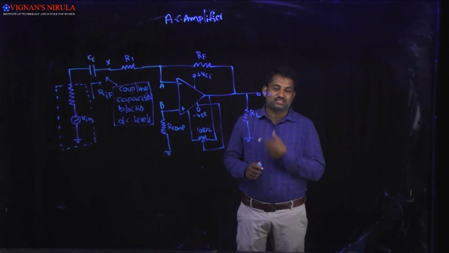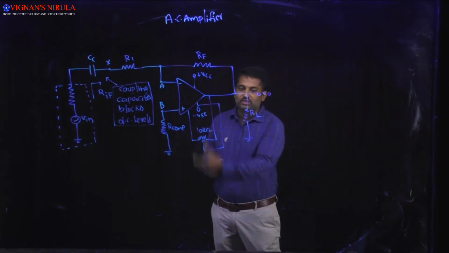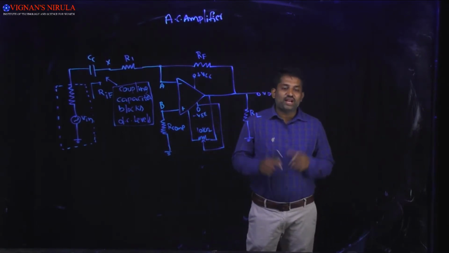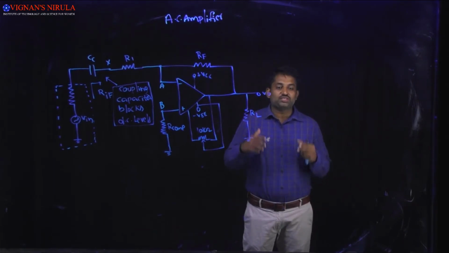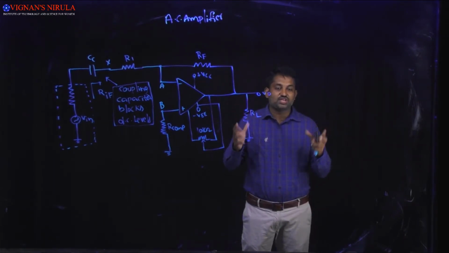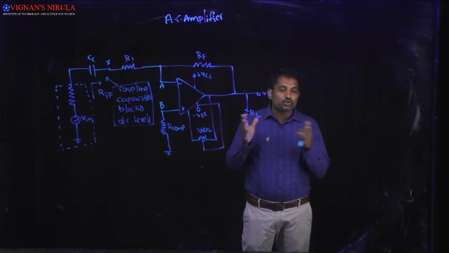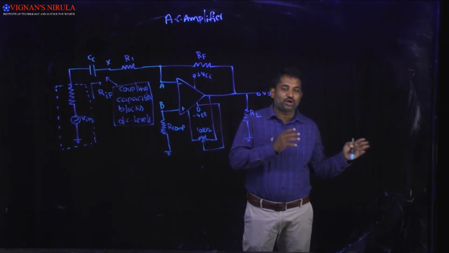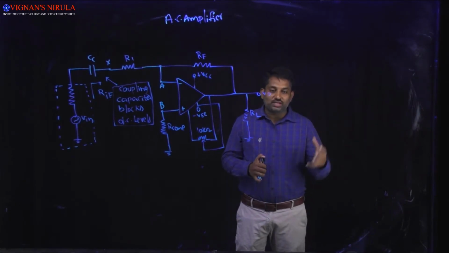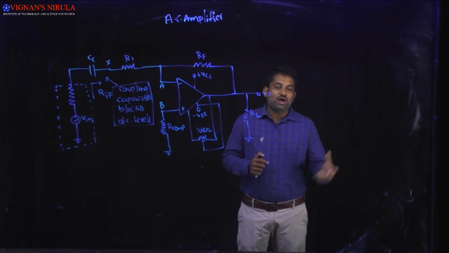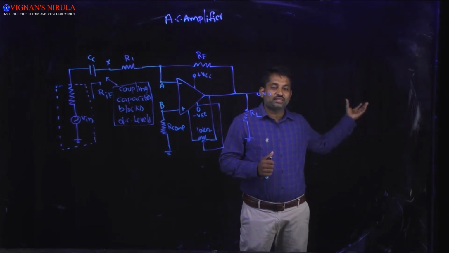For example, if I consider an audio system which consists of several stages, it is possible to produce a DC level at the output of the audio system. If we consider that DC level along with the AC signals, then we will get a distorted output.